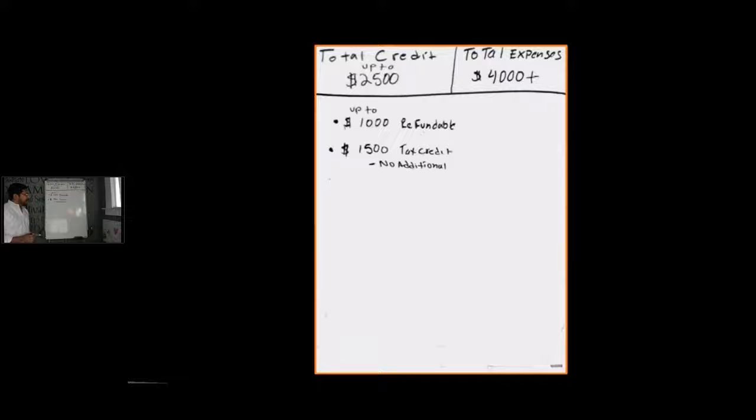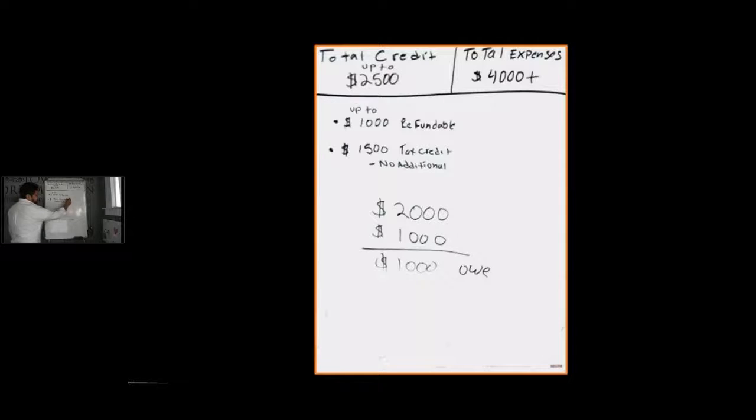It means that in the example I just gave you, you are supposed to pay $2,000 in taxes this year, but you only paid $1,000. So that means that you owe the IRS $1,000.